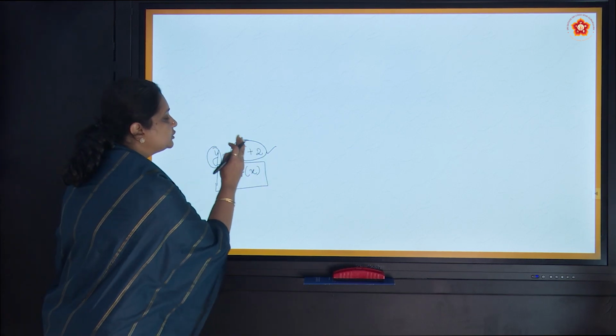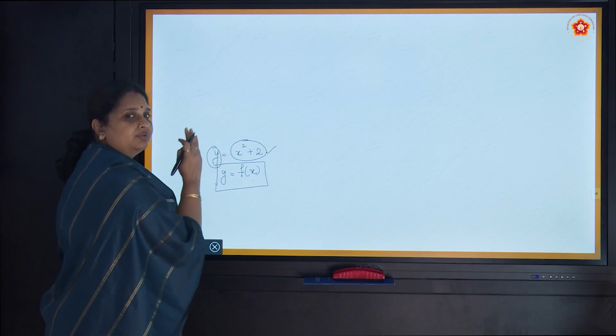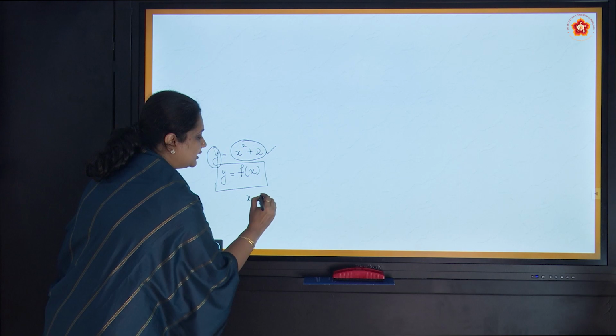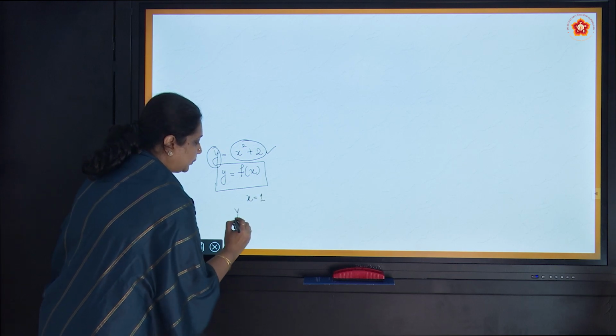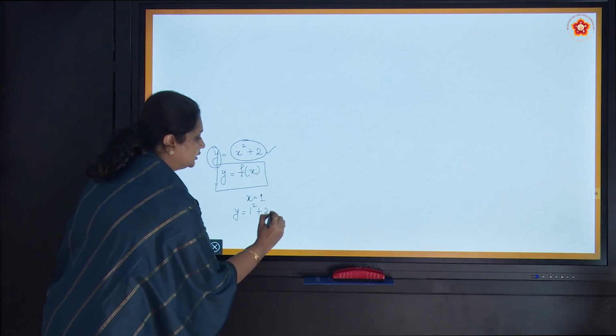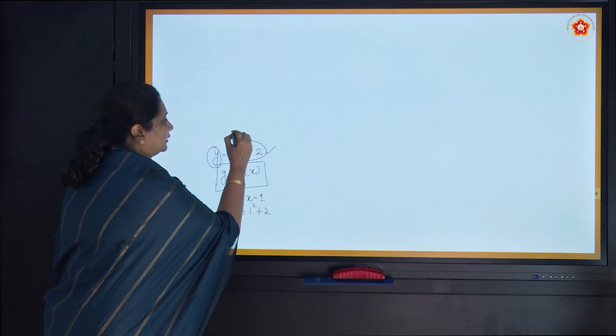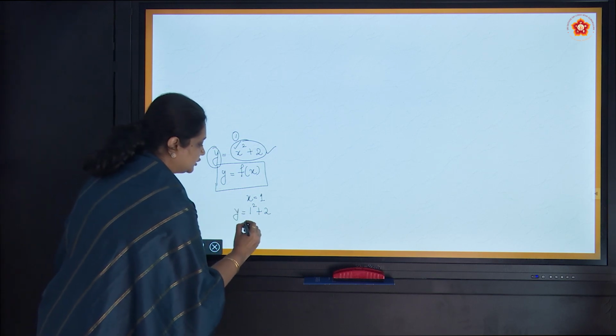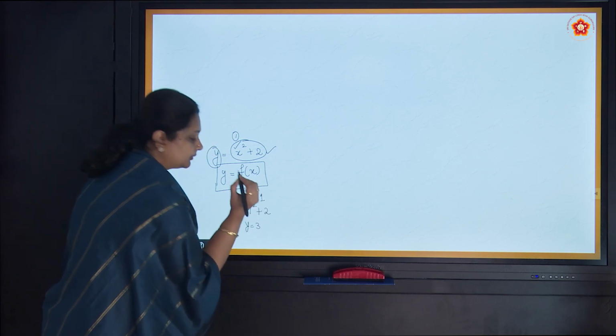Whatever values you give to x, the values of y will change accordingly. For example, if I give x is equal to 1, my y will take a value of 1 square plus 2. I replace 1 in place of x and find the value of y. So my y will be 3.